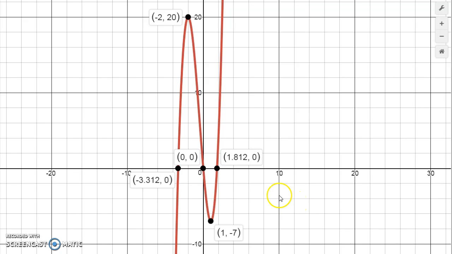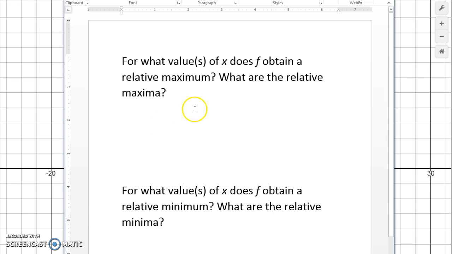Well, remember, we get a relative maximum when the function changes from increasing to decreasing. And so the point where we get that relative maximum, or the relative maximum, another way to say it, that relative maximum occurs when x is -2.